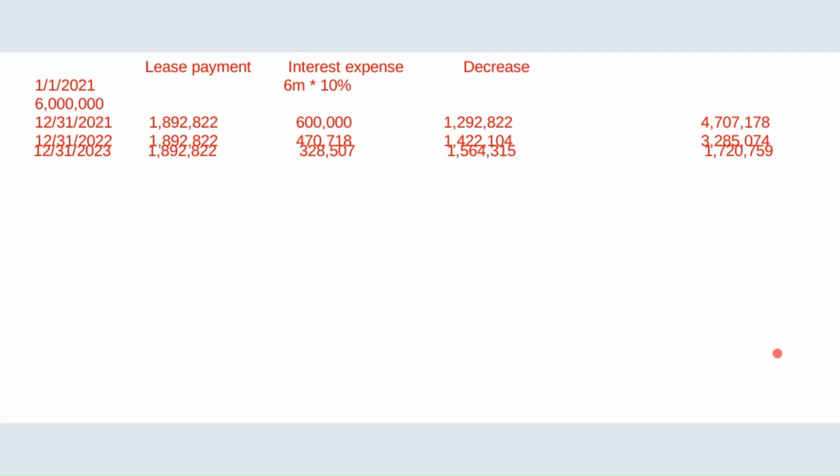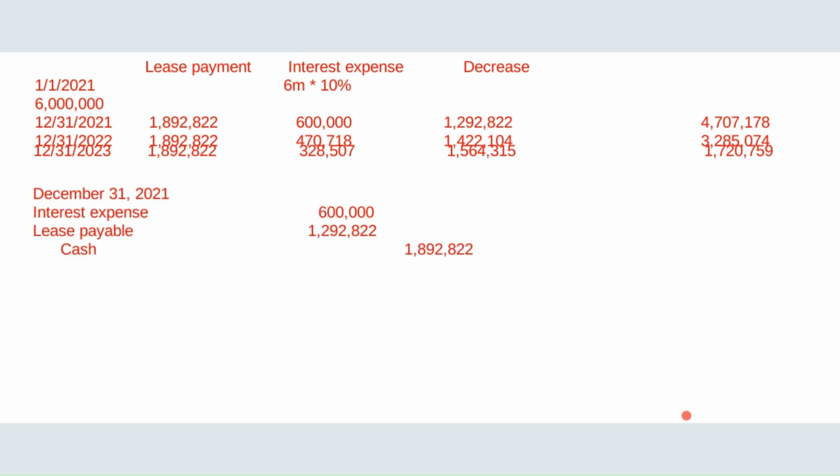And again, the cash being credited is always going to be the same, no matter what. So our December 31st entry related to this lease is going to look like this.